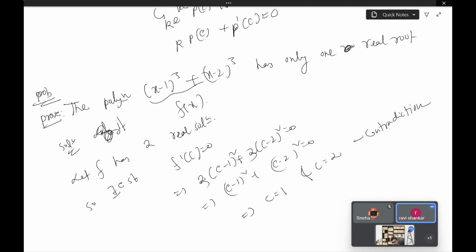So, sir, what does this imply geometrically? Like, there will be only one real root. What does this mean?